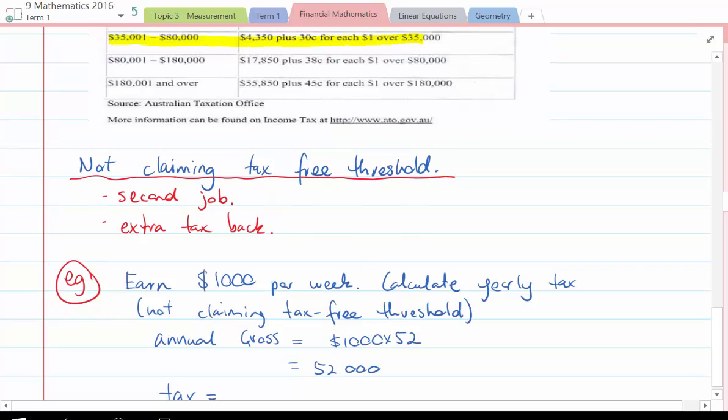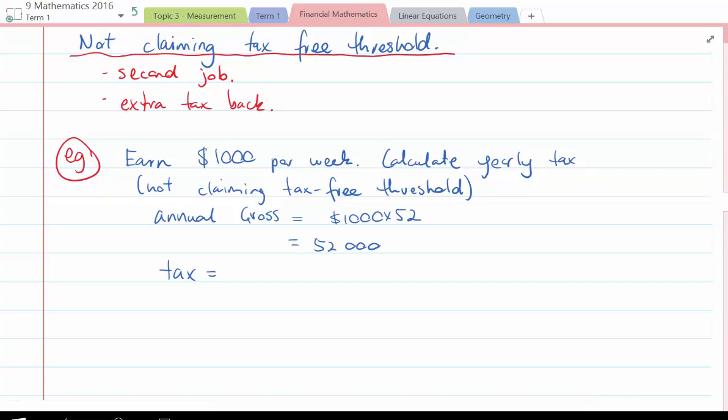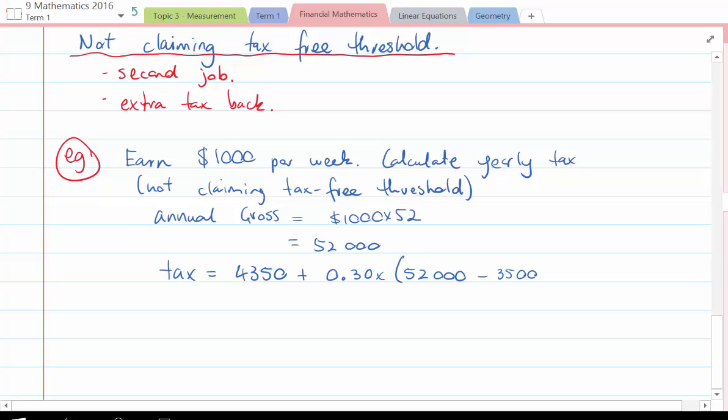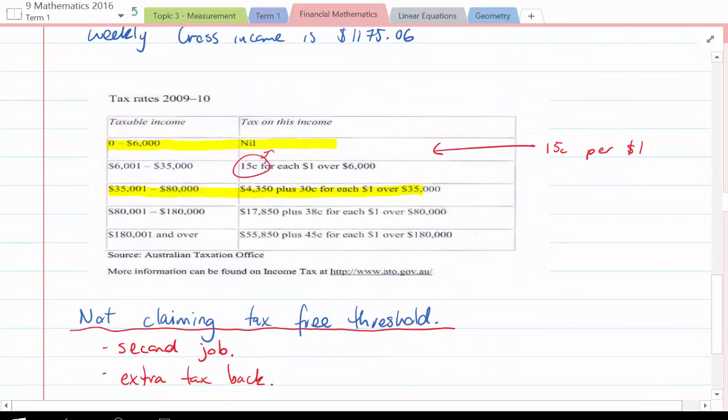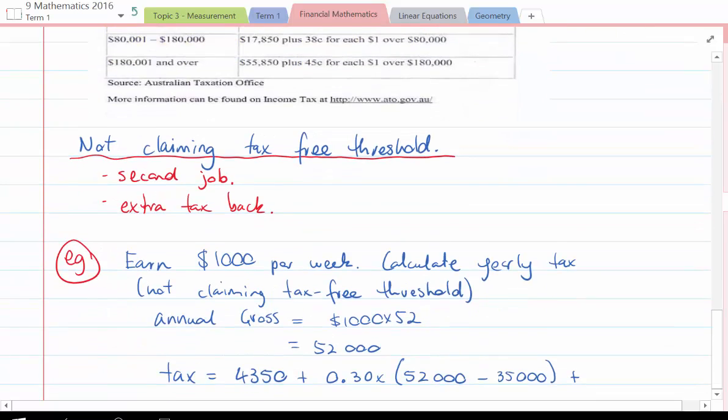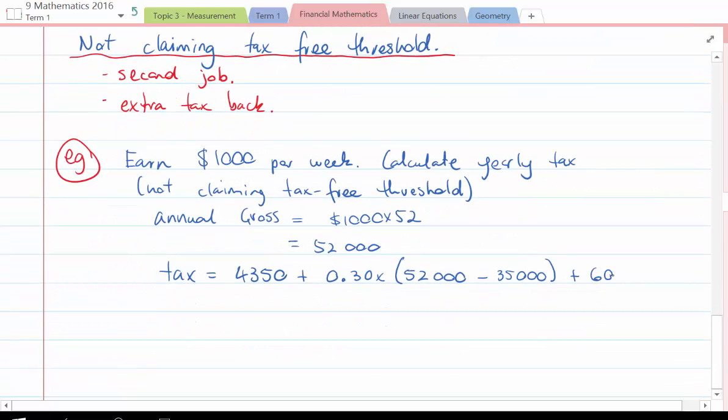So we can see that it's going to be 4,350 plus 30 cents for every dollar over 35,000. So we've got 52,000 take 35,000, and we're going to add on an extra amount for that first section. So for the first $6,000, we'll pay 15 cents.